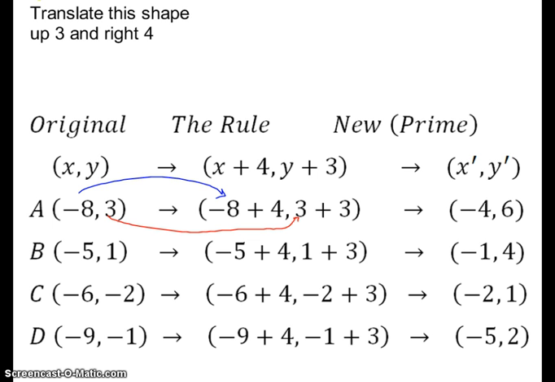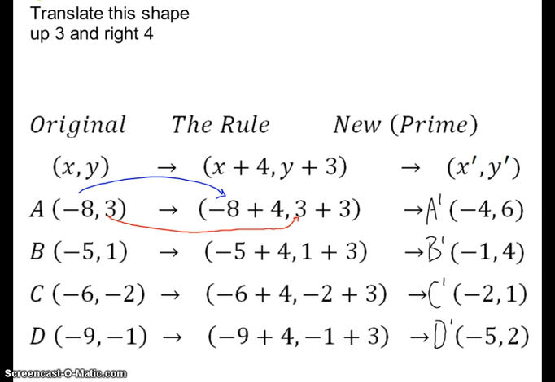There are the last two. I now have two sets of ordered pairs. The ordered pairs on the left, A, B, C, and D, those are my original shape. Here is A prime, B prime, C prime, and D prime.